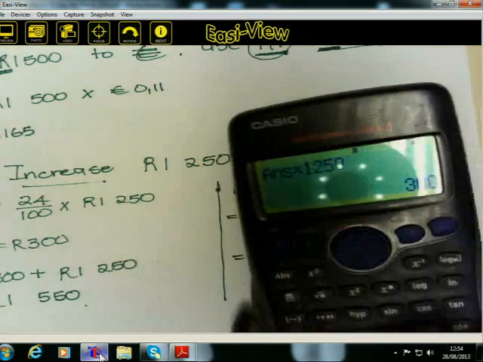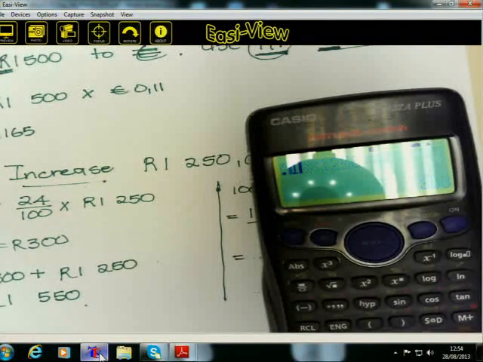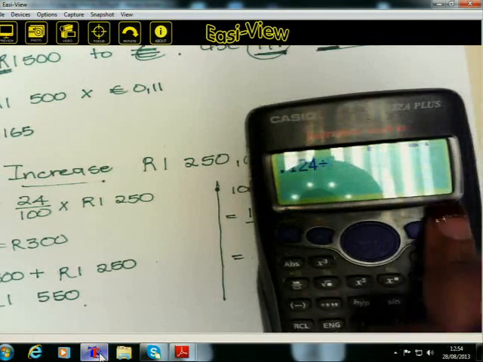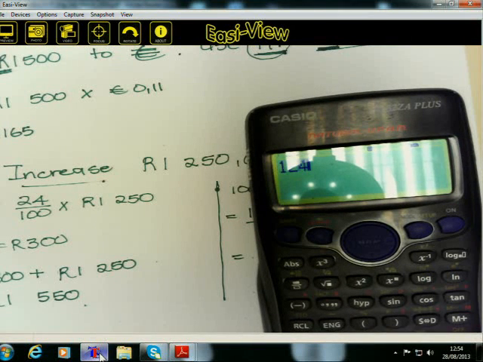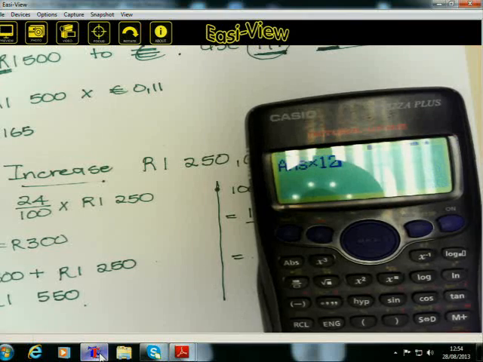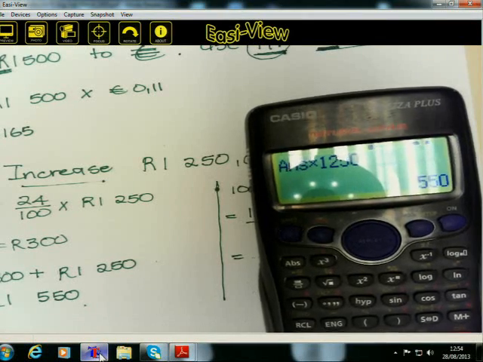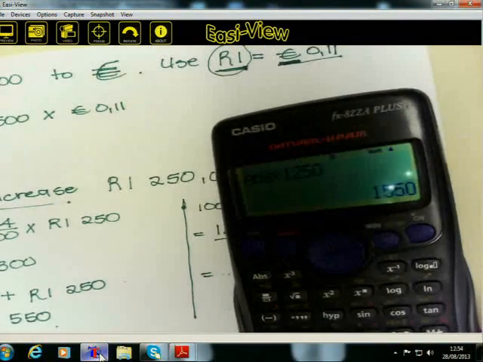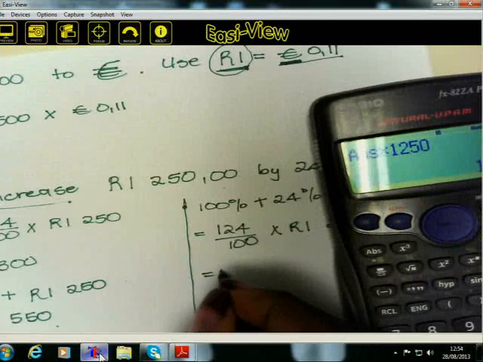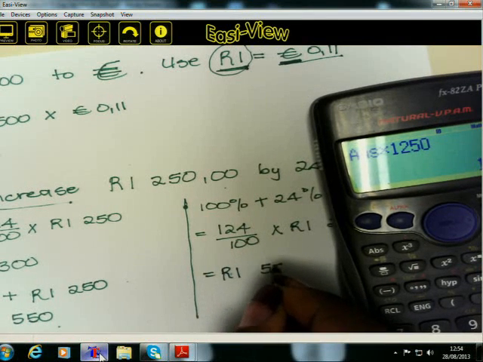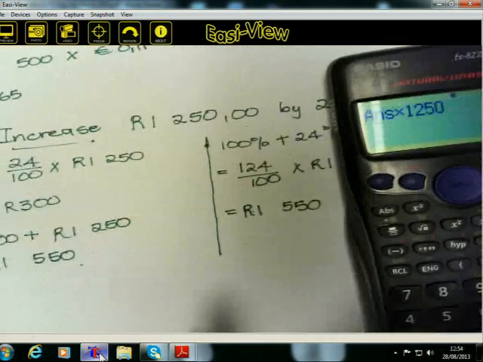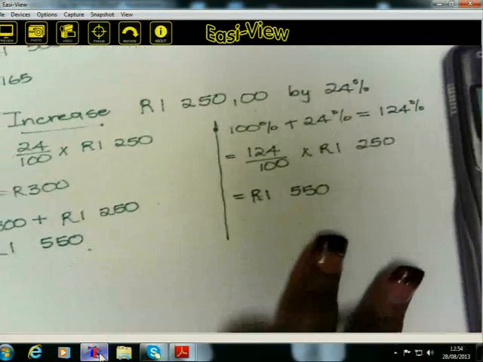Let us punch that in our calculators and see. You can see we get the same answer. So you can use any method that you are comfortable with, which will give you the correct answer, and you stick to those methods.